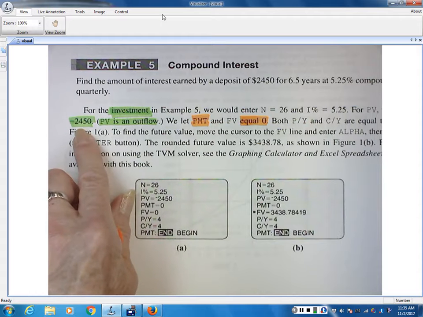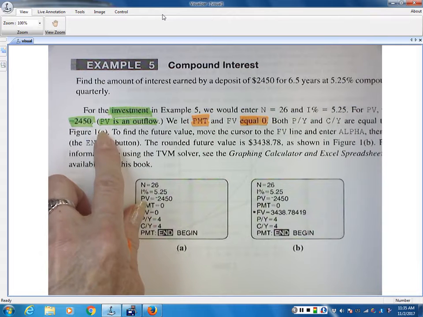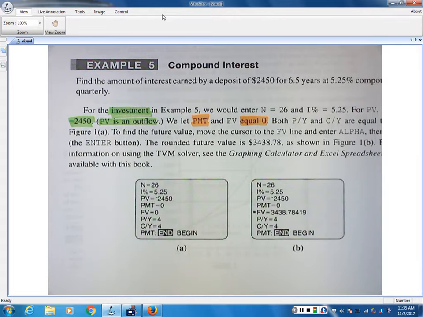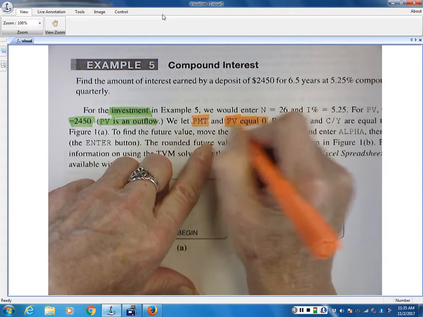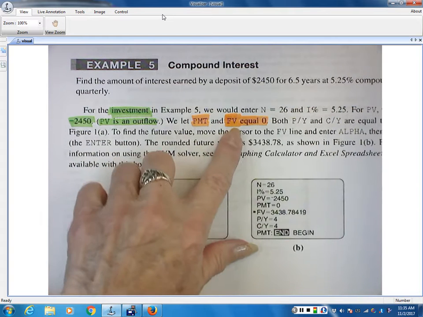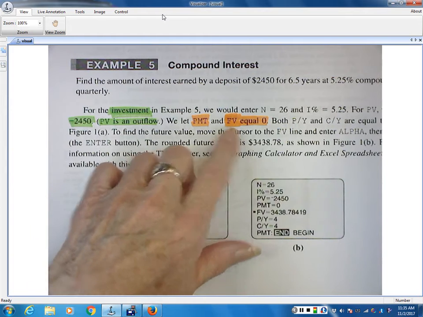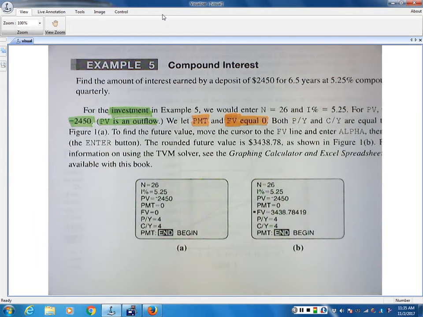We're not going to add more to it as time goes on. If we did, it would become an annuity. But if you only deposit a lump sum up front and leave it alone, it's not an annuity, it's just a regular investment. Now the future value is going to be set equal to 0 also, even though we know that that's not actually what it's going to be.